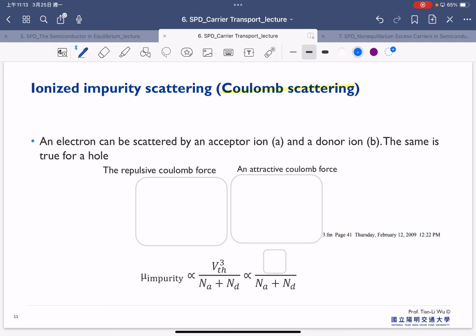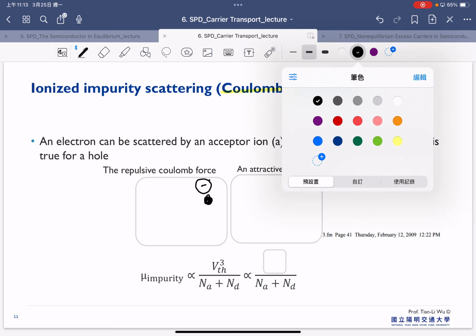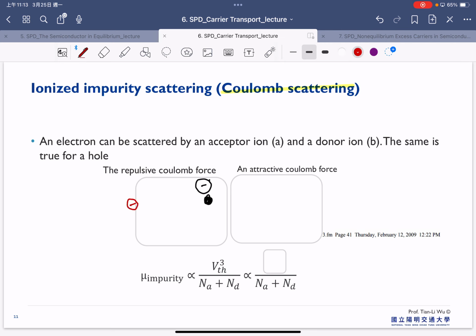So if right now you have a certain particle, for example a charge, which is an electron here, and one electron wants to move towards the right, and for sure you have two negative charges, and that will create a repulsive Coulomb force.